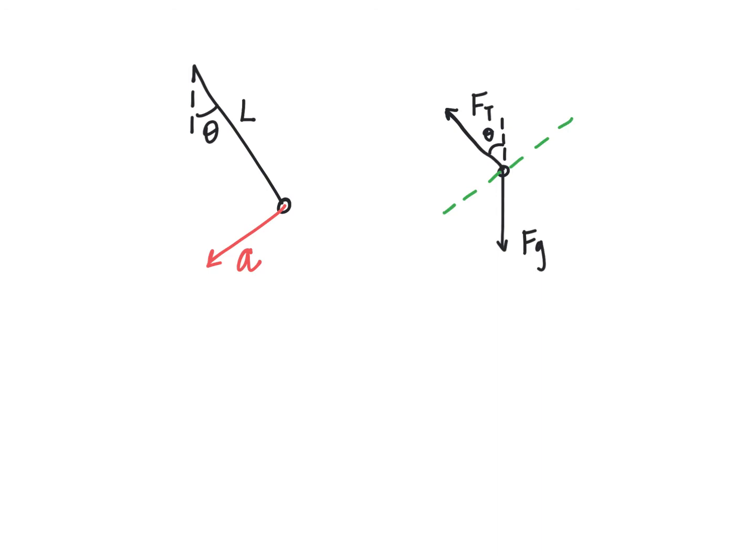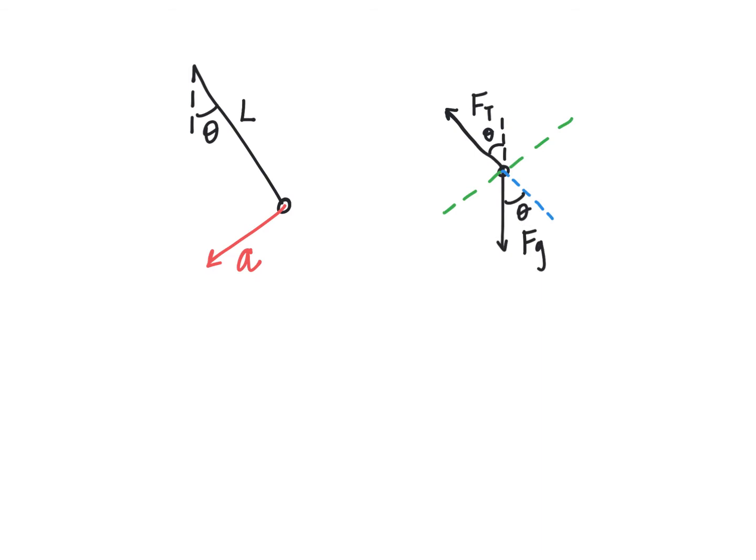And so if the net force is along the direction of our net acceleration, just like we saw in the simulation there, then I will want my axis to be in this direction. So that means I need to do a little geometry to figure out where this angle belongs. If my blue dotted line is an extension of the direction of the tension, then this angle here would also be theta.